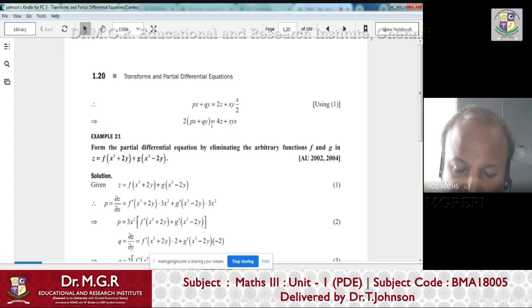From this we can understand that we are able to form a PDE of order more than 1, because the number of arbitrary functions is more than 1. So the PDE which we find in the end is also of order more than 1.